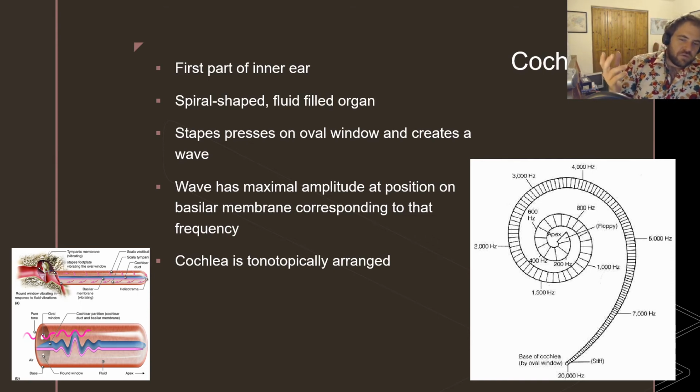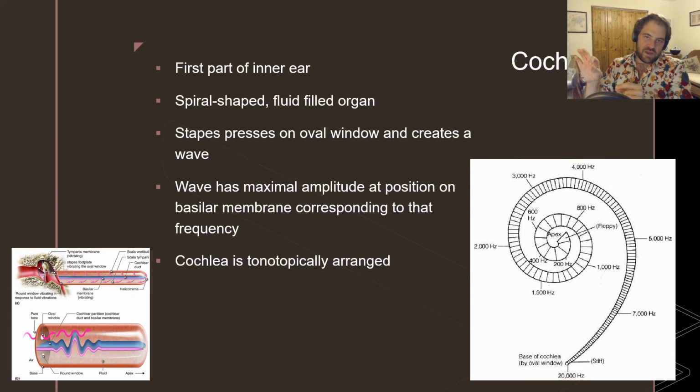So anyway, we create a wave. The wave has its maximal amplitude at the position on the basilar membrane that corresponds to the frequency of the wave. Again, we're talking about cycles per second. So if the stapes is hitting against the oval window 4 times a second, it'd be 4 hertz, which we can't actually hear. I'll come up with a different one. 400 times a second. So that's going to be 400 hertz.